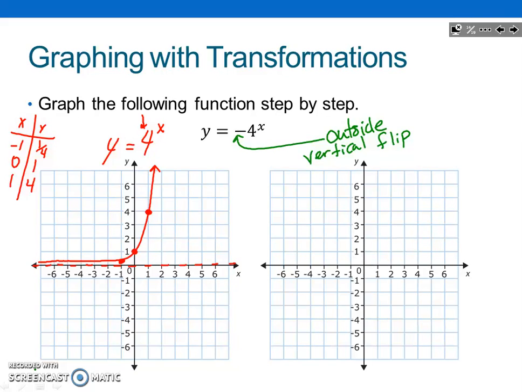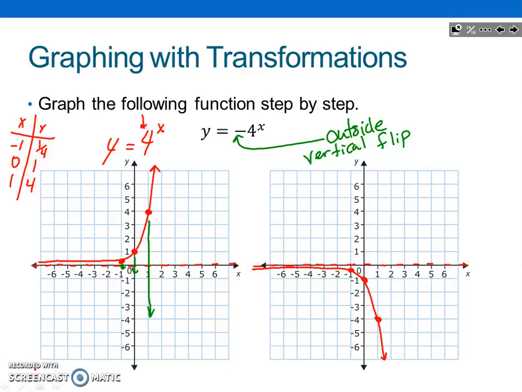This is a vertical flip, meaning that my points are going to flip down. Okay? That's a vertical flip. So my asymptote will stay in the same spot, but each of my points will have flipped down below that asymptote. We're not paying attention to the axes. We're watching how the points are moving.